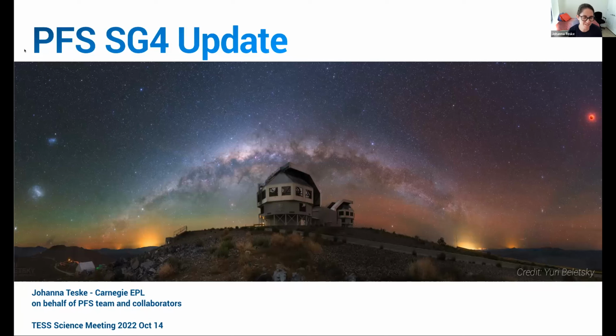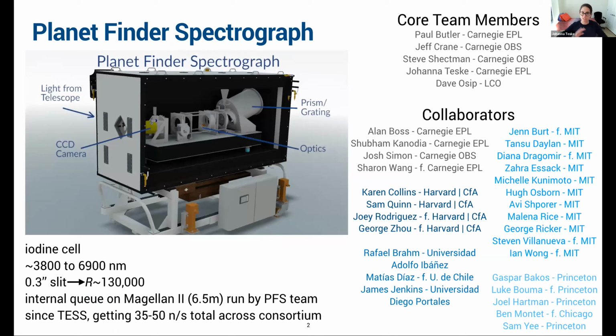Thanks, Dave. Okay, so yes, I'm talking today about the Planet Finder spectrograph, which is on the Magellan 2 telescope here, showing this beautiful photo from Uri. And just as a quick reminder, PFS is an iodine cell spectrograph. It's mounted, like I said, on Magellan, which is a 6.5 meter telescope in the southern hemisphere.